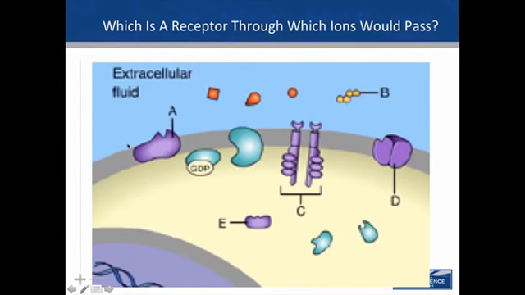Which of these receptors would be the kind of receptor involved in the transfer of ions from one side of the membrane to the other? I hope you're thinking that it would most likely be a receptor like D, because you can see the closed channel and then you can see the receptor site.